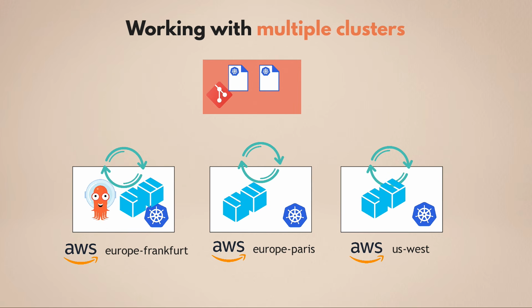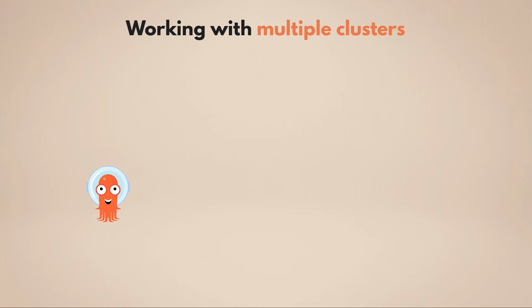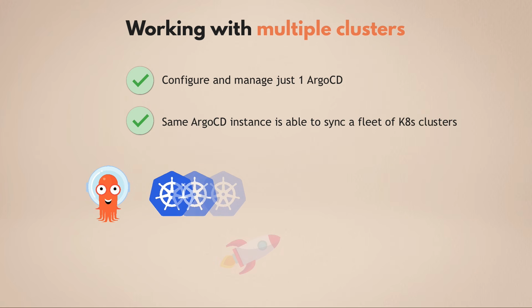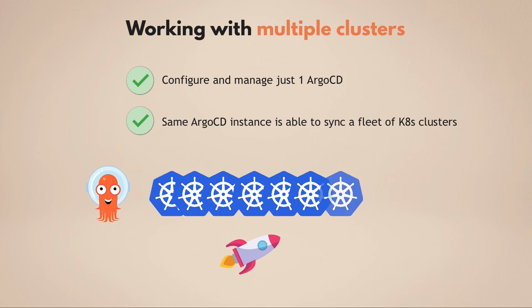The benefit here is that Kubernetes administrators only have to configure and manage one ArgoCD instance, and the same instance will be able to configure a fleet of clusters, whether these are 3 clusters in 3 different regions or 1,000 cluster replicas distributed all over the world.